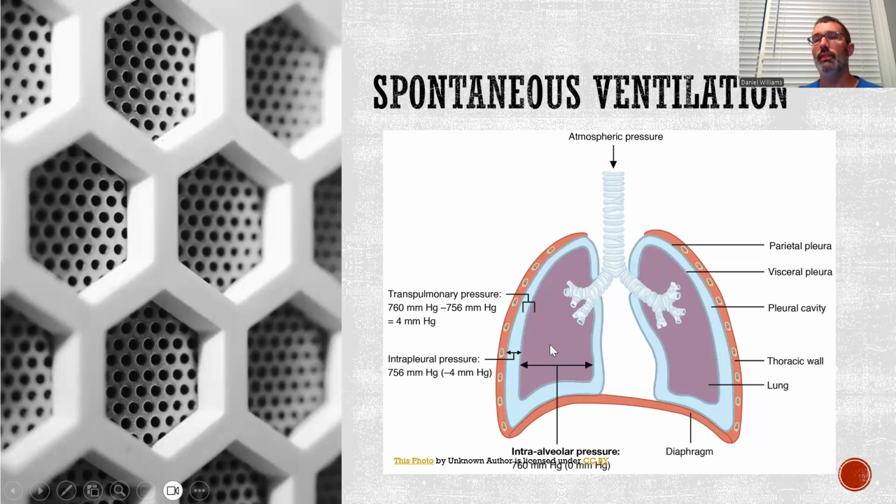Negative pressure means it's less than atmospheric pressure, and that allows air to move down the trachea and into the lungs.